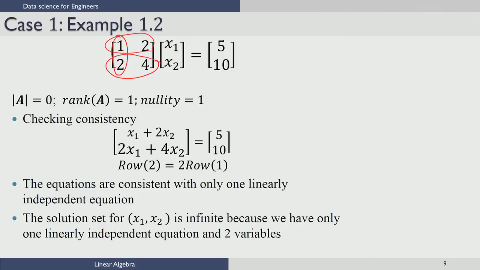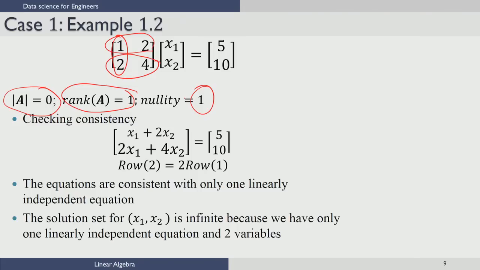Now, another way to check this linear dependence is to calculate the determinant of this matrix, and when we calculate the determinant of this matrix, you will get 1 times 4 minus 2 times 2, which is 4 minus 4, which is 0. So, determinant also says there is linear dependence here, and from the previous lecture we know that when the rank is 1 and the number of columns are 2, the nullity is 1. So, there is one vector in the null space.